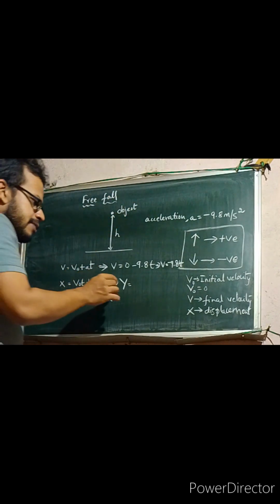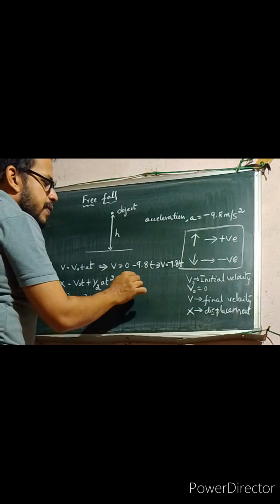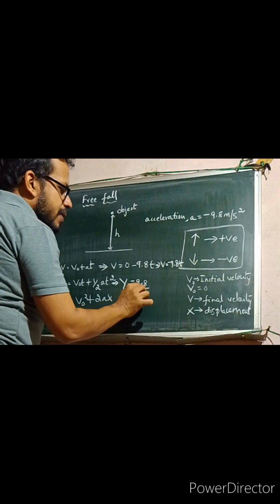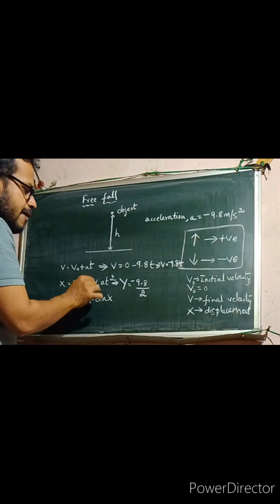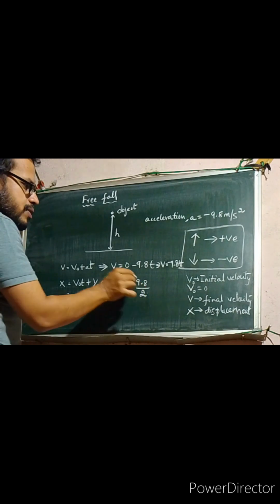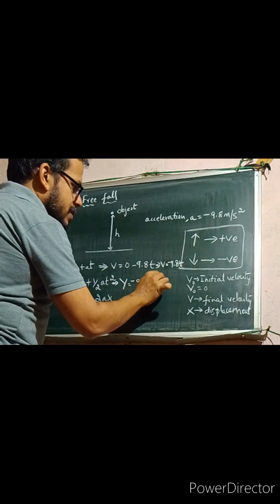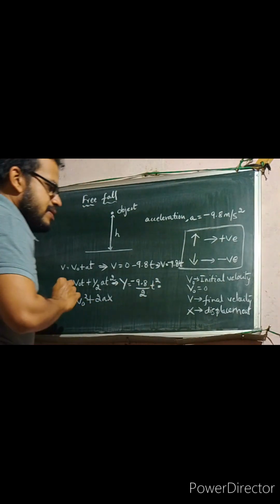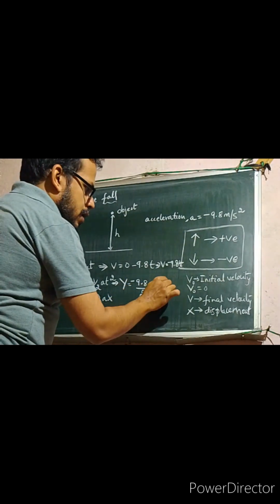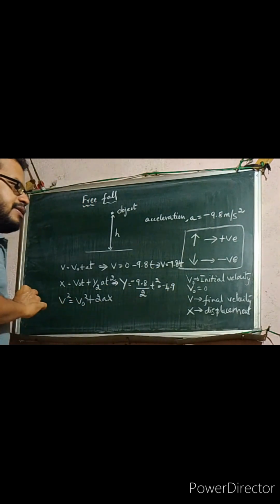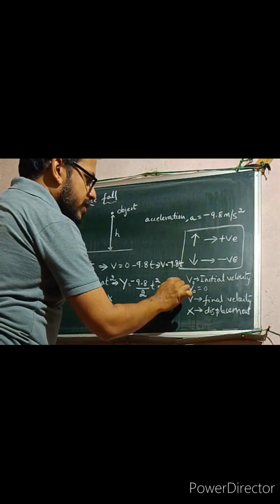A is a negative value, so that is minus 9.8 divided by 2, into t square again. So y is equal to minus 4.9 t square, since 9.8 divided by 2 is 4.9.